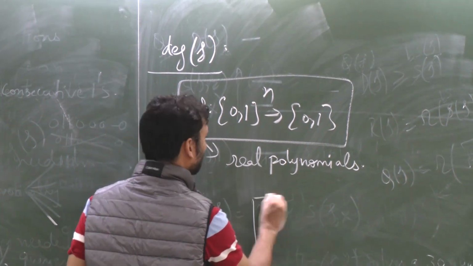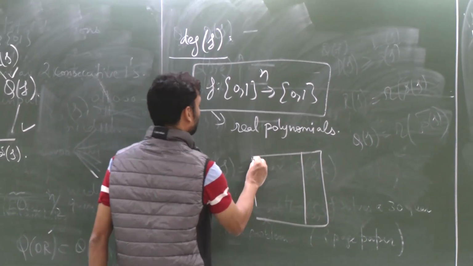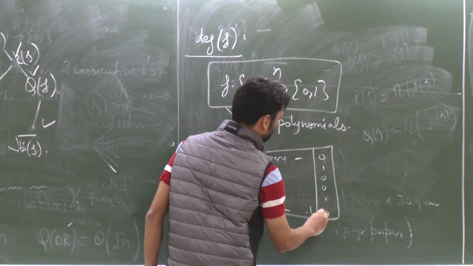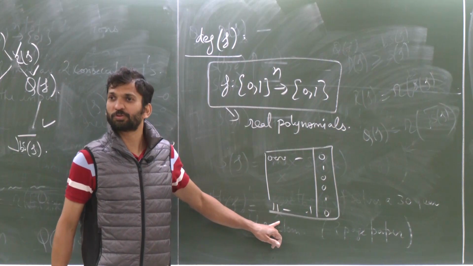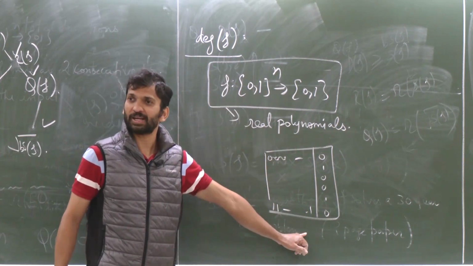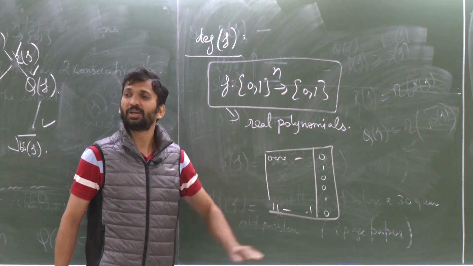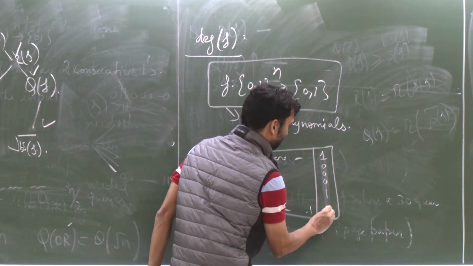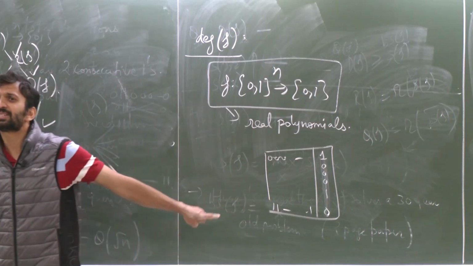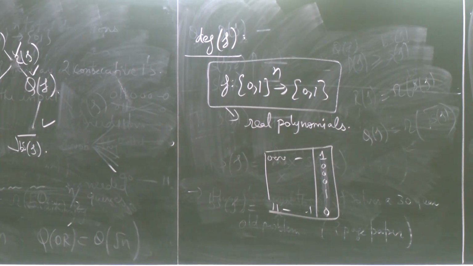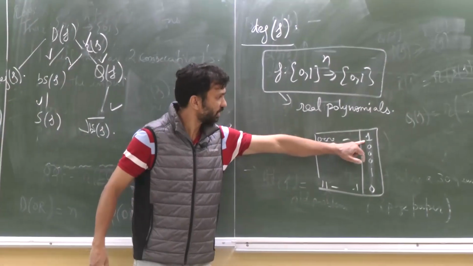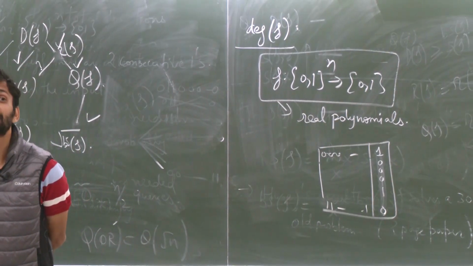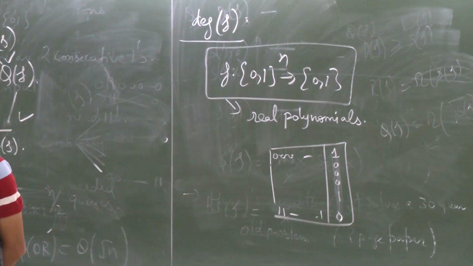So now, this is the truth table of the function. Given f, I have 2 to the power n entries here. Let's take the simple function which is 1 here and 0 everywhere else. Can you write this as a polynomial? What is the polynomial for this function which takes value 1 at all zeros and 0 everywhere else?